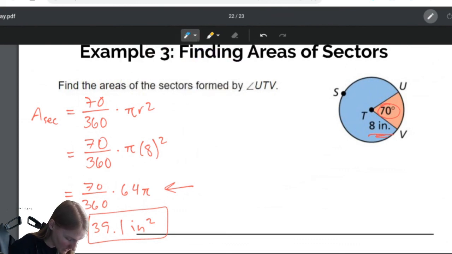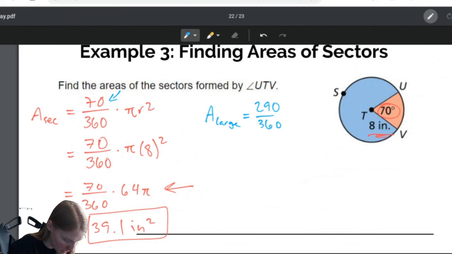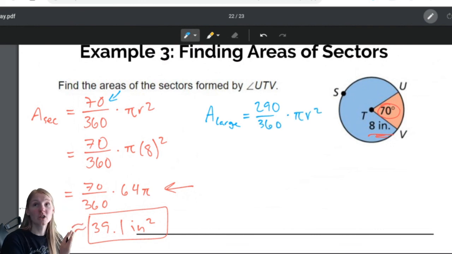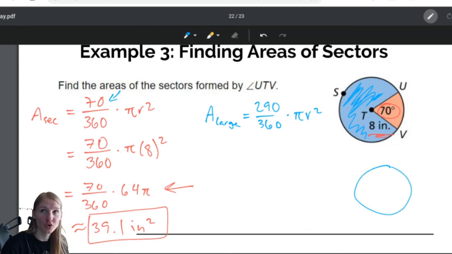But now this is just going to be 360 minus 70, which is 290 over 360 times pi r squared. We could do all of that, or we know that this area right here, we could just take the area of the whole circle and subtract this chunk and just get rid of that chunk. That sounds easier to me.